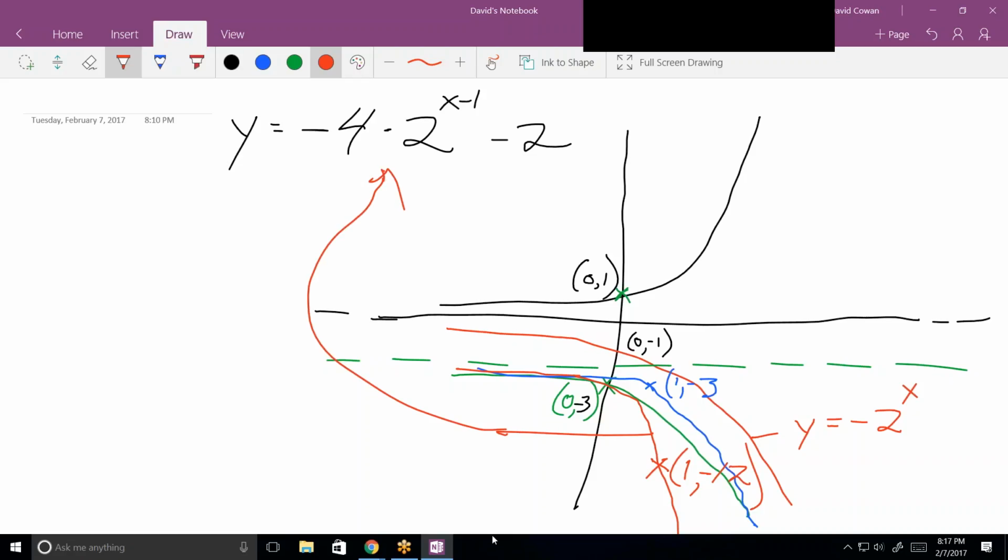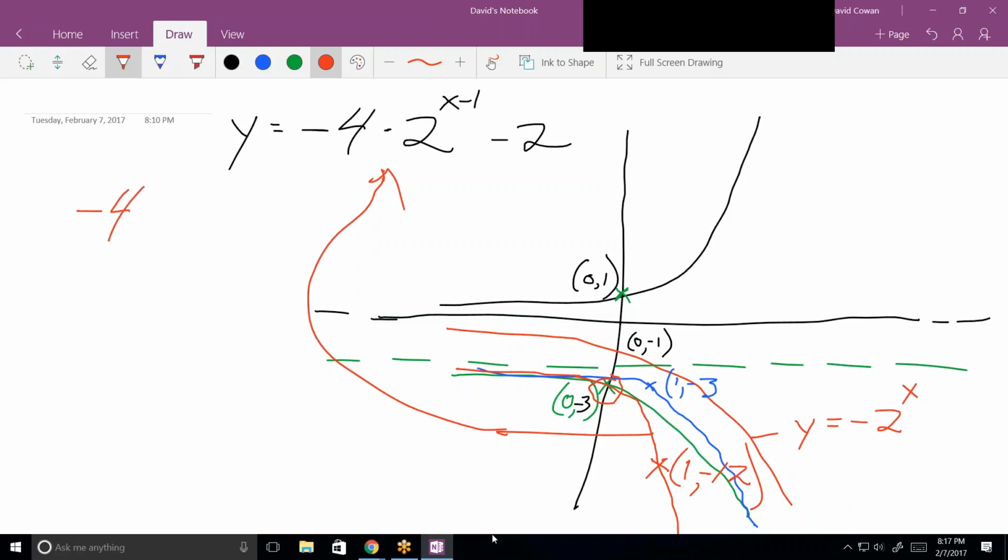And now let's answer everything that we need to answer. There's no x-intercept, first of all. What's the y-intercept going to be? What is this point right here going to be? Well, let's see, what do we got?